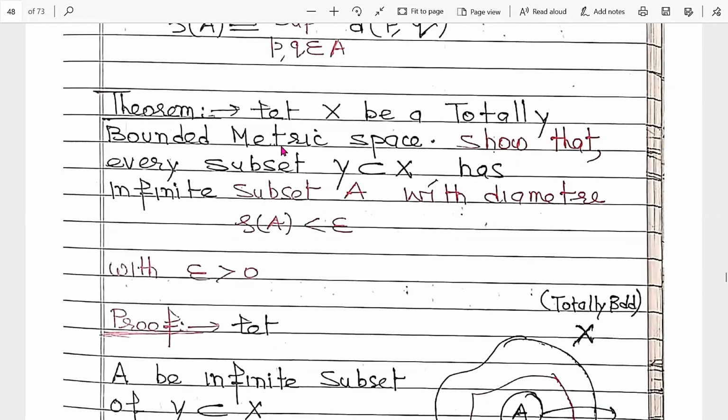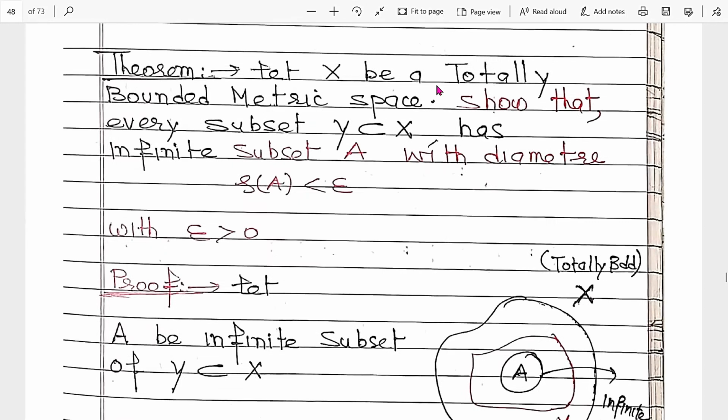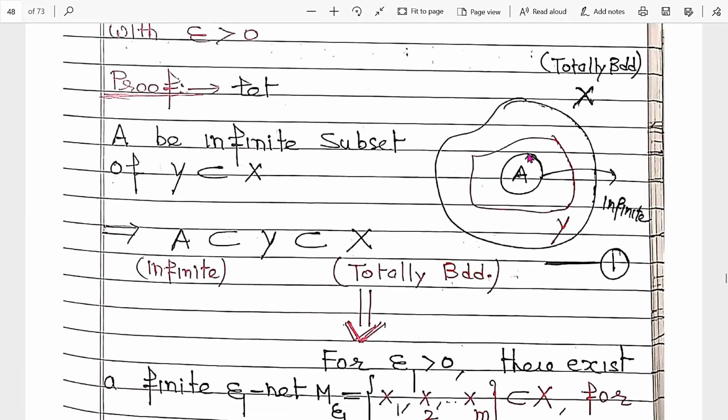Now, the next result is: let X be a totally bounded metric space. Then every subset Y contained in X has an infinite subset A with diameter delta of A less than epsilon, with epsilon greater than 0. So first understand the question.